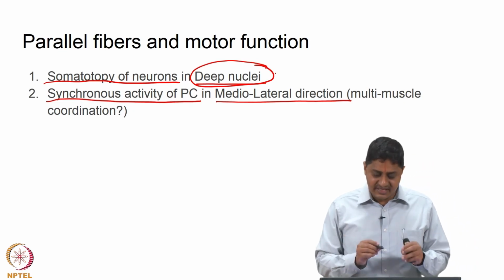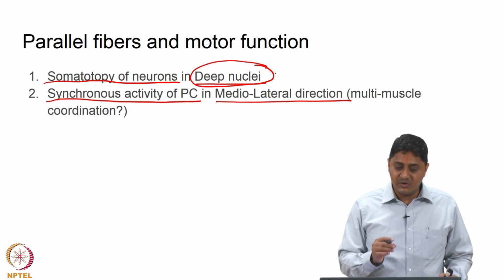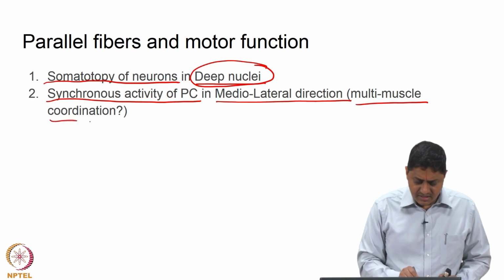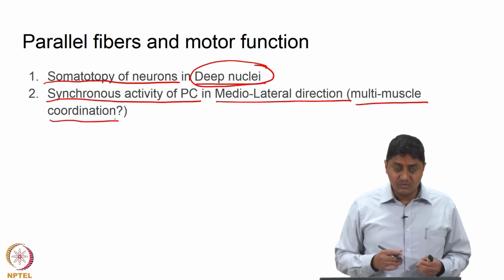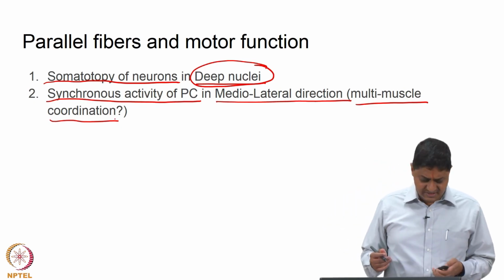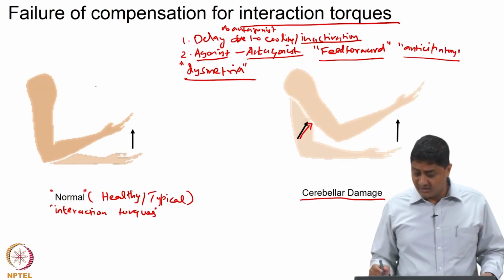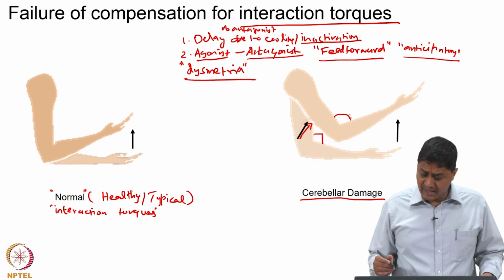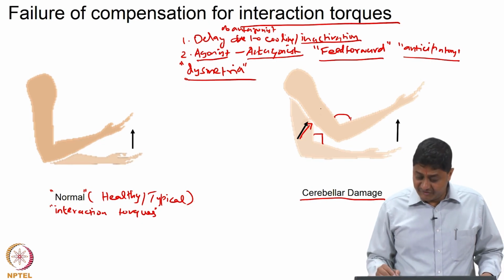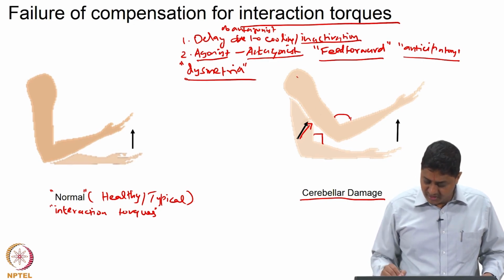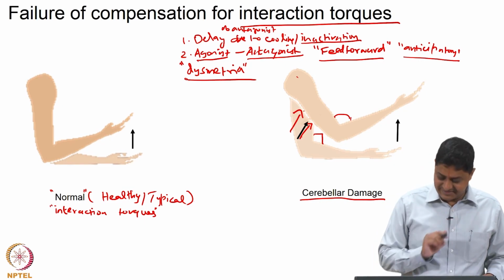So, when Purkinje cells are active synchronously in the mediolateral direction, that probably means there is an attempt to coordinate muscles at multiple levels, and this is what we just discussed in the previous slide, right. Here, this change in joint angle from about 90 degrees to an acute angle is due to different muscles, biceps and triceps, whereas that movement of the shoulder is due to different muscles, right.